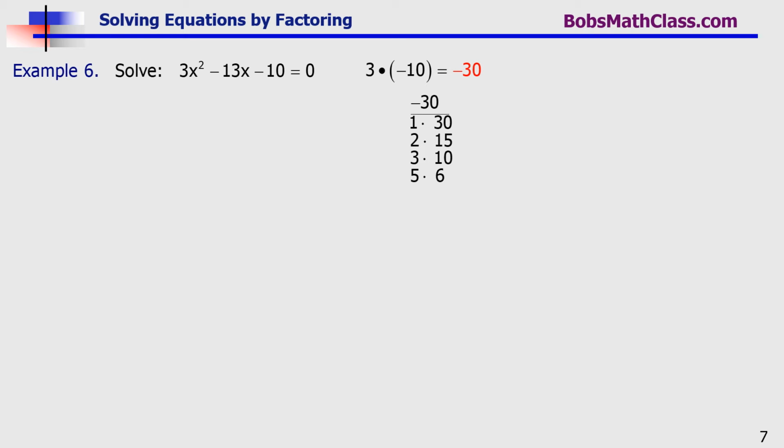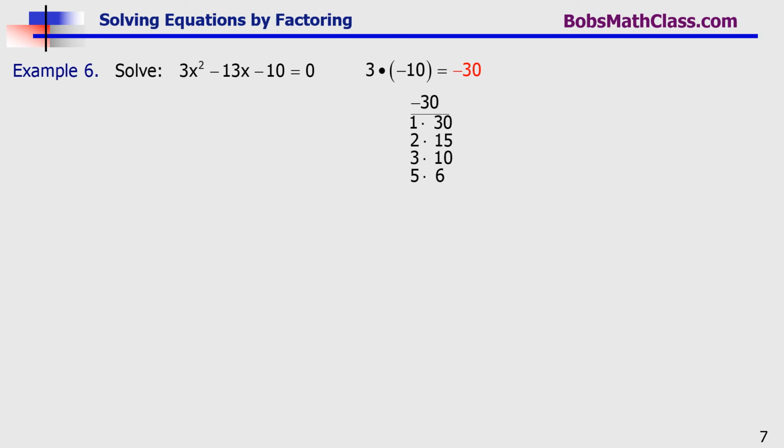1 and 30, 2 and 15, 3 and 10, and 5 and 6. Because it's a negative 30, we want to look for the pair that subtracts to be 13. Many times people will try to use 3 and 10, but 3 and 10 does not subtract to be 13. 3 and 10 subtracts to be 7.